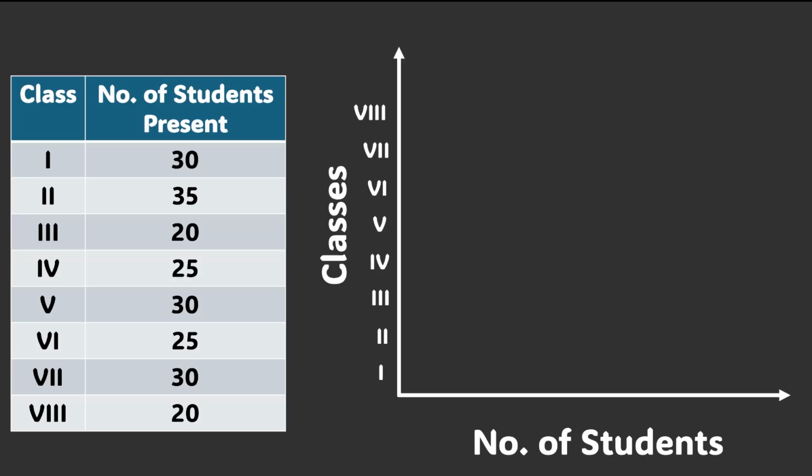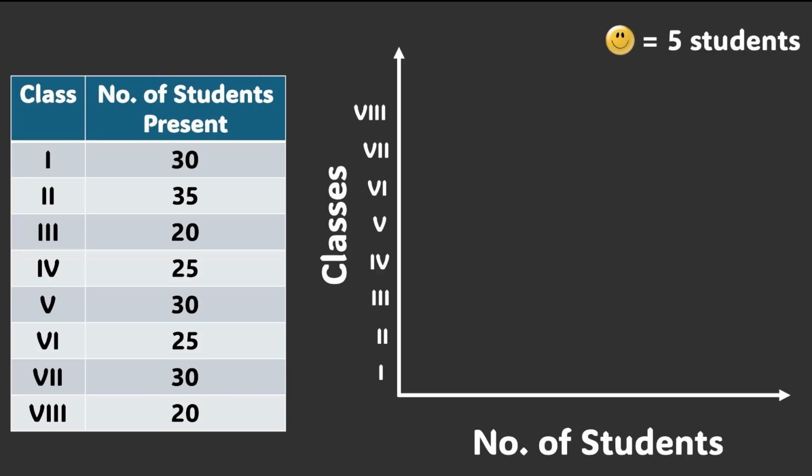Okay, so notice the numbers here are larger. So if we keep the same scale, we will need to draw 30 smiley faces just for class 1. That will take a lot of time. Therefore, we need to think about the scale carefully. A solution to this problem will be to use one smiley face to represent more than one student, say 5 students.